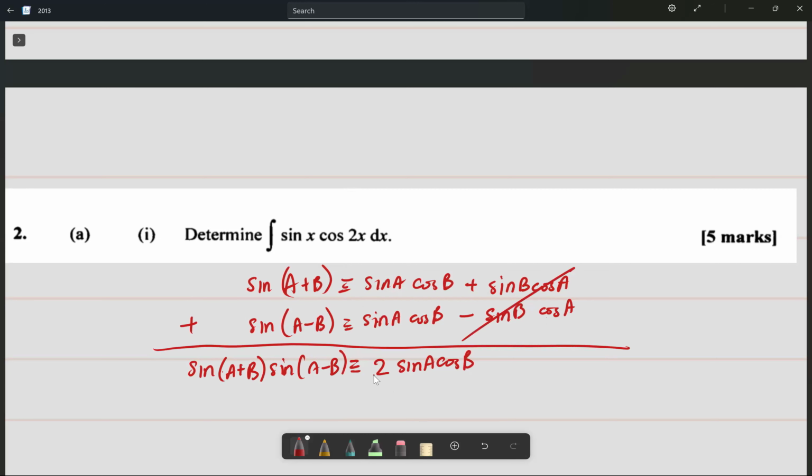I know this looks very similar to what is inside the integral.